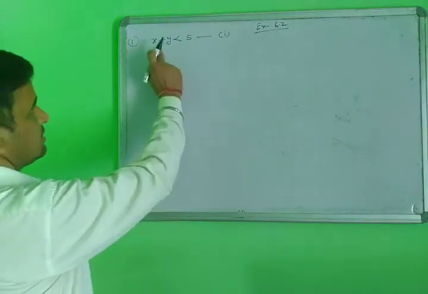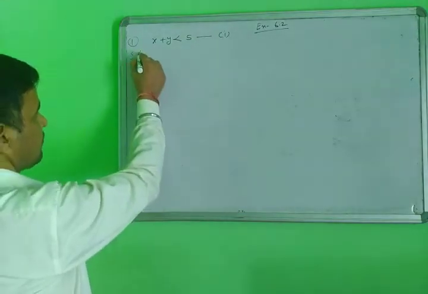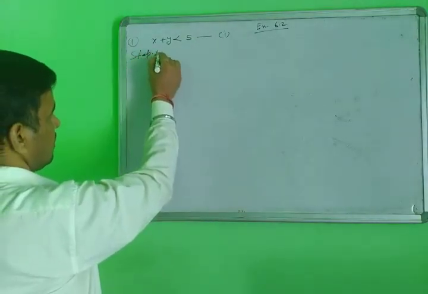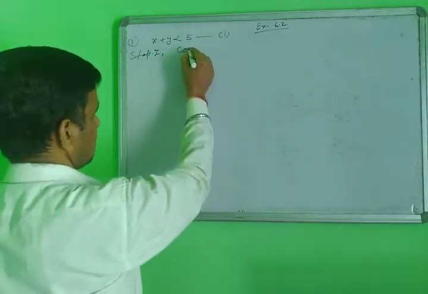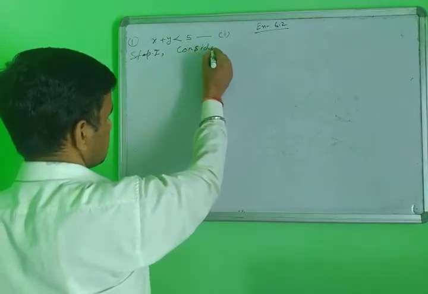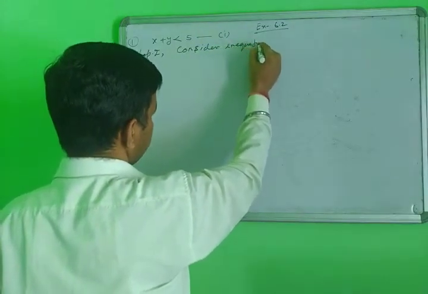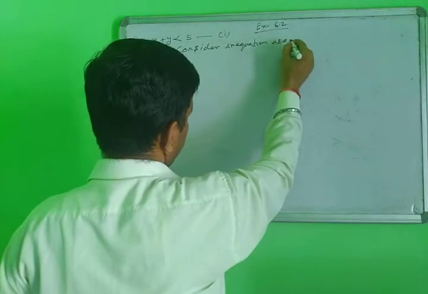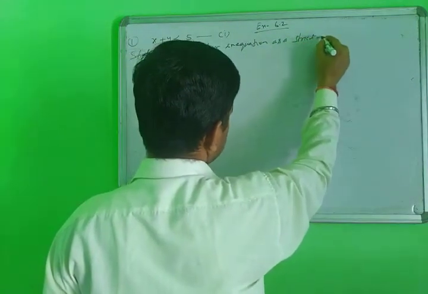Step one: write the inequation first. Now, in step one, you consider the inequation as a strict equation.